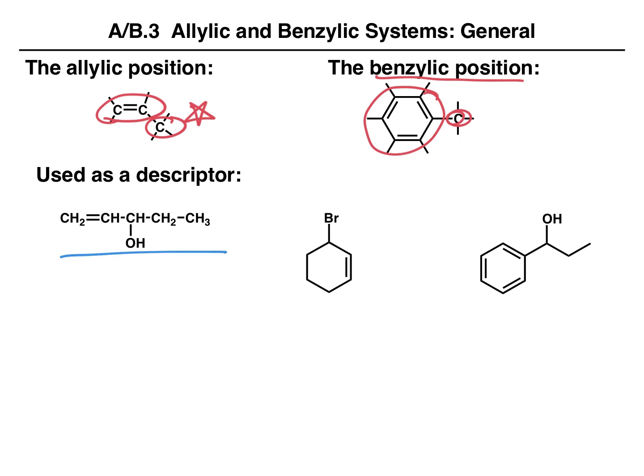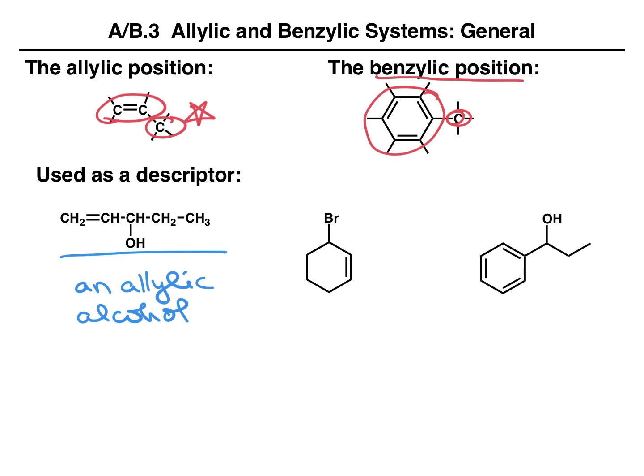But we can use allylic as a descriptor because this is the allylic position and connected to it is an alcohol. So this could be referred to as an allylic alcohol. The reason we want to be able to identify allylic positions and benzylic positions is because they have special reactivity. And that's what we're going to be looking at in the next couple of videos.